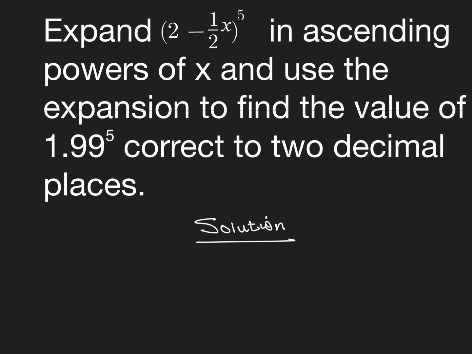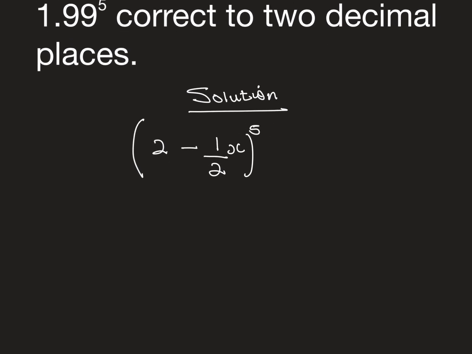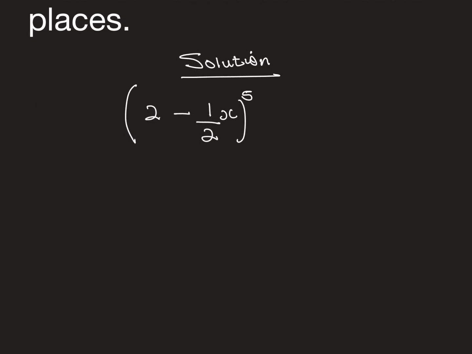The binomial that is given to us is (2 minus 1/2 x) to the power 5. So we can express this as (2 minus x/2) to the power 5 to make it simple for us, because 1 times x is just x.